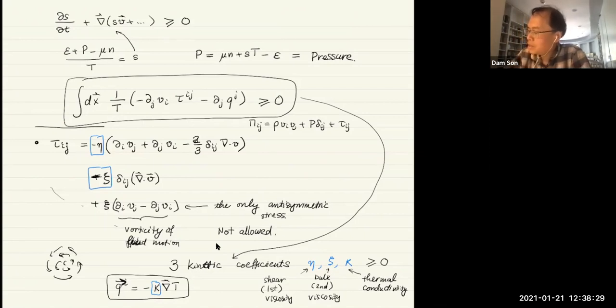And then we are going to talk a little bit about the ideal fluids, about some properties of solutions to the equation of motion of an ideal fluid where all the kinetic coefficients are set to 0.